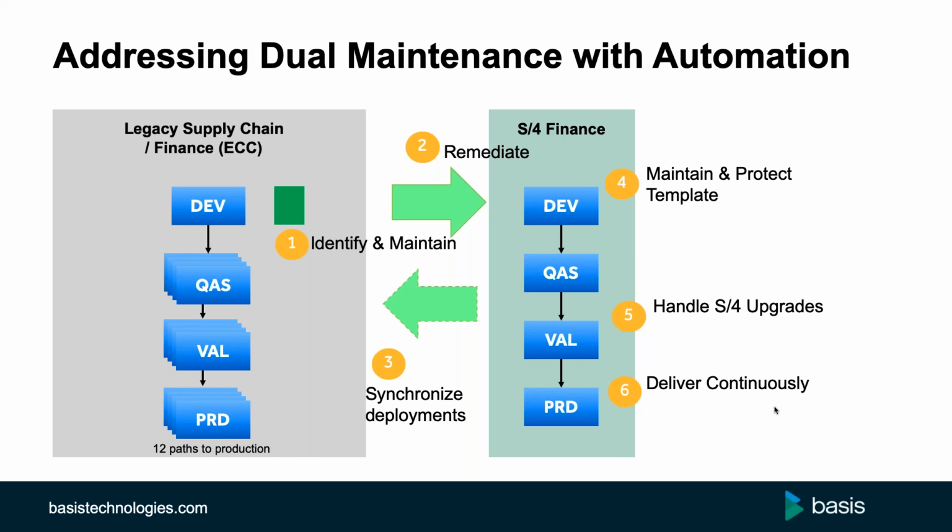And we're looking at the first phase of their S4 transformation, which is to S4 finance. Obviously, at a later stage, there is then also going to be a transformation for the supply chain scope, but that will really be handled as a separate initiative.